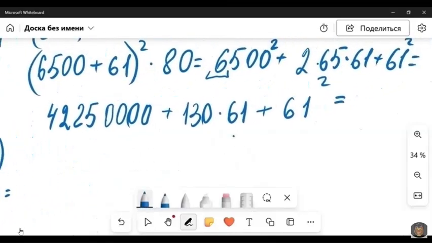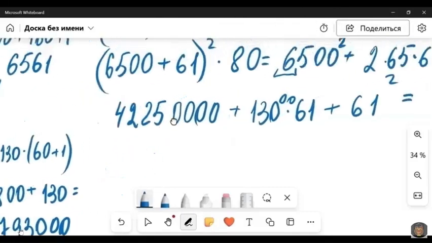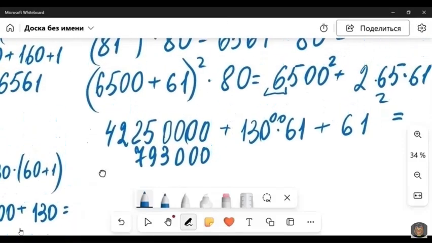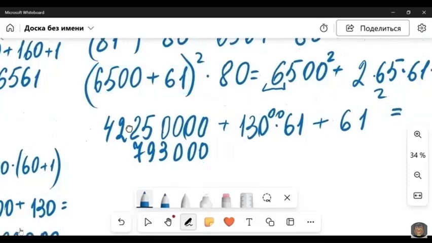Here we did not write 130 and two zeros, we have 6500, so we should also have two zeros written here. Therefore, we get the number 7930 and zeros as a result. And this number will be added to the number 42250000. Here we multiplied the double product of the first number 6500 by 61 and by 2.